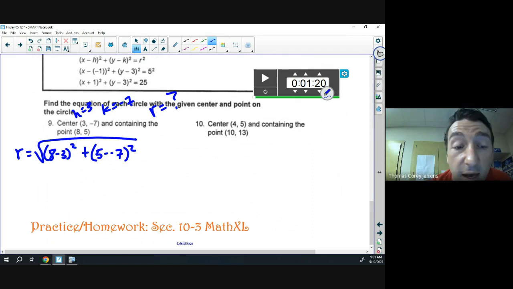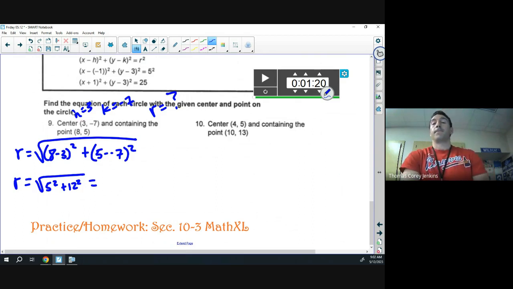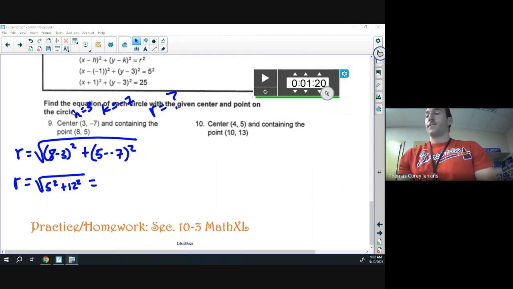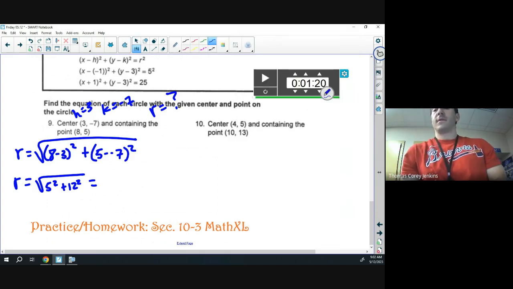If we simplify that a little bit, that'd be the square root of 5 squared plus 12 squared. So yeah, the square root of 5 squared plus 12 squared is 13. So my radius is 13.